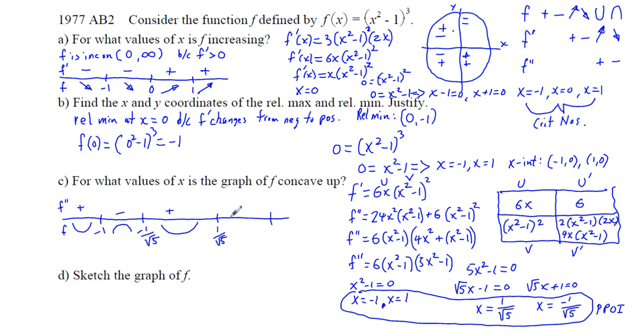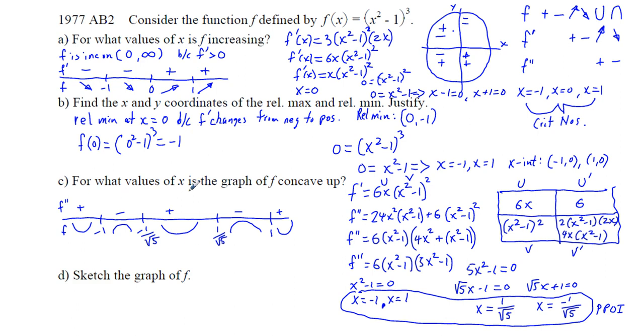We're going to have between 1 over square root of 5 and 1, we are going to be concave down. And then we have a sign change greater than 1, or concave up. So there we have that. So a lot of changes in concavity here.